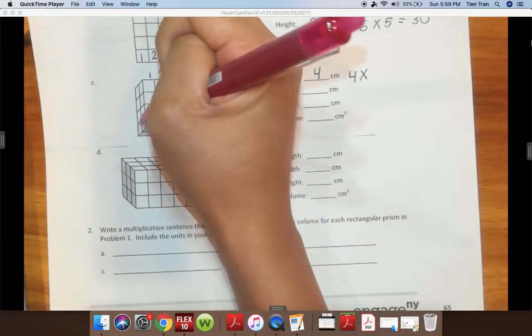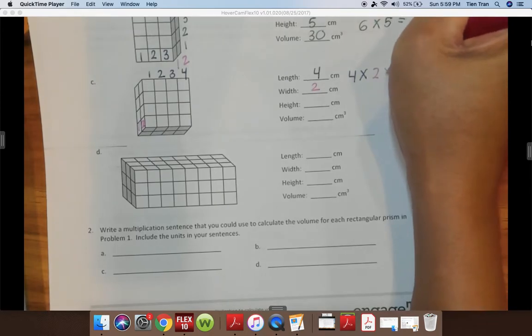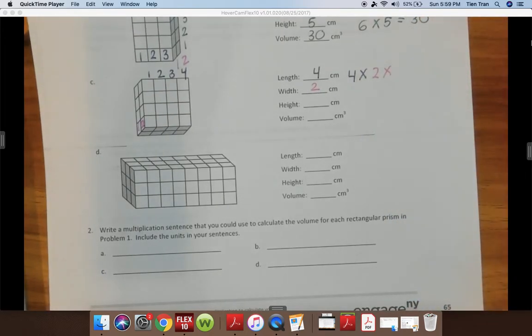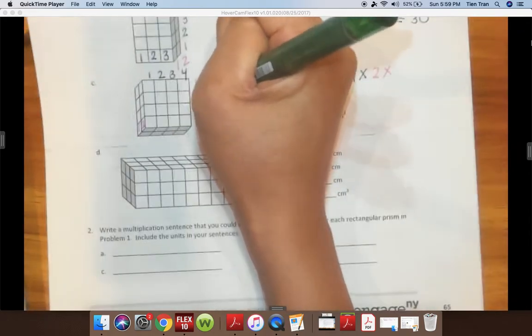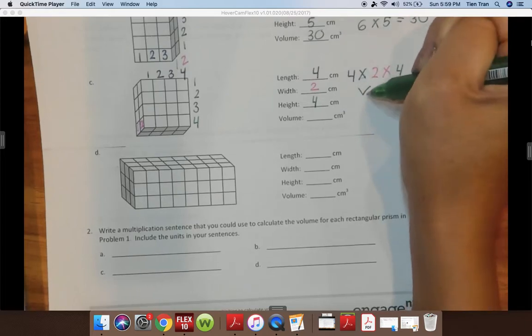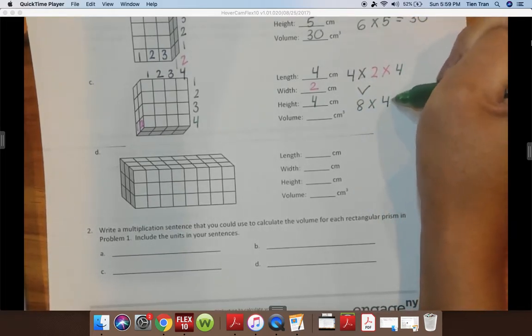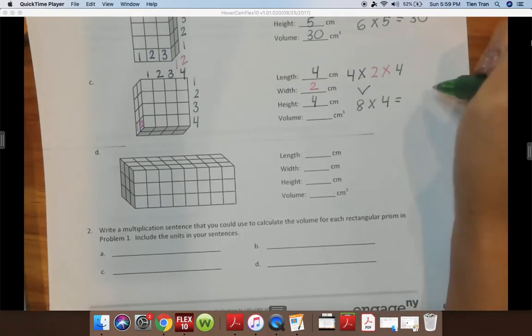And if you can see right here, it is 2. 1, 2. And then I am multiplying my height, which is how high my object is. 1, 2, 3, 4. I know that 4 times 2 is equal to 8, and 8 times 4 is equal to 32.